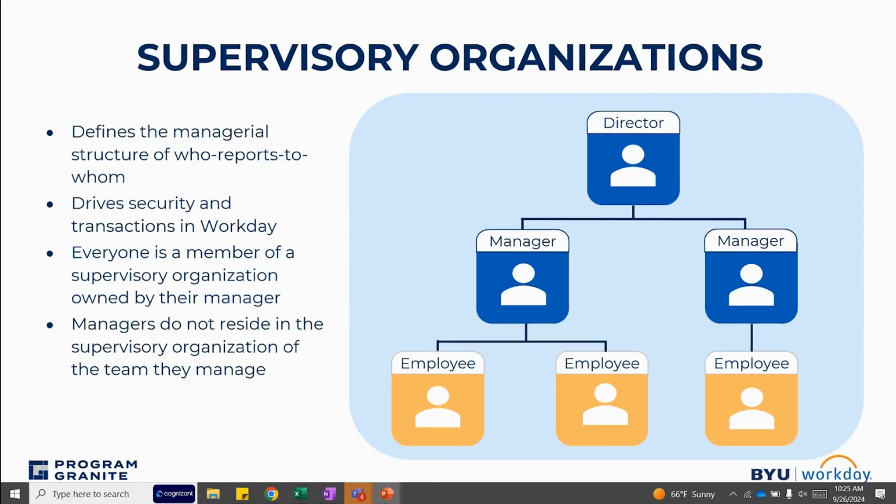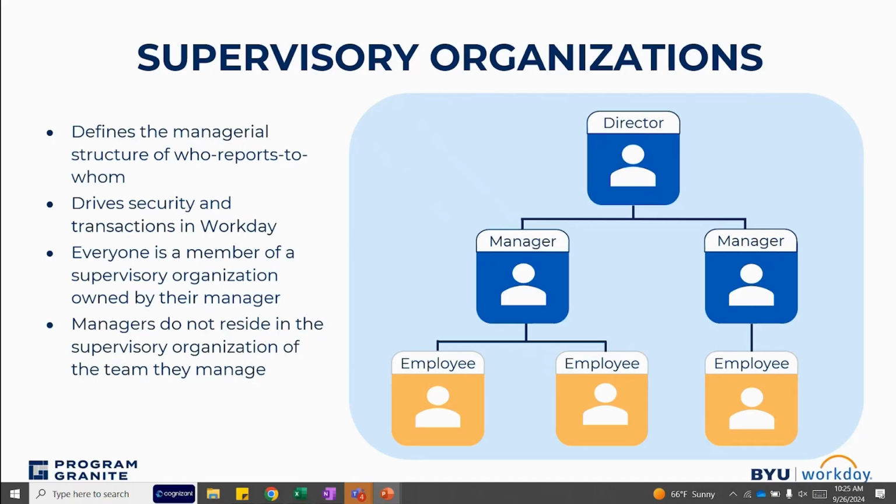So, for example, as Harper HR, let's say I have 3 people that report to me. Those 3 people that report to me are Harper HR's supervisory organization. Now, I'm not in that supervisory organization. I'm in a supervisory organization with my peers.